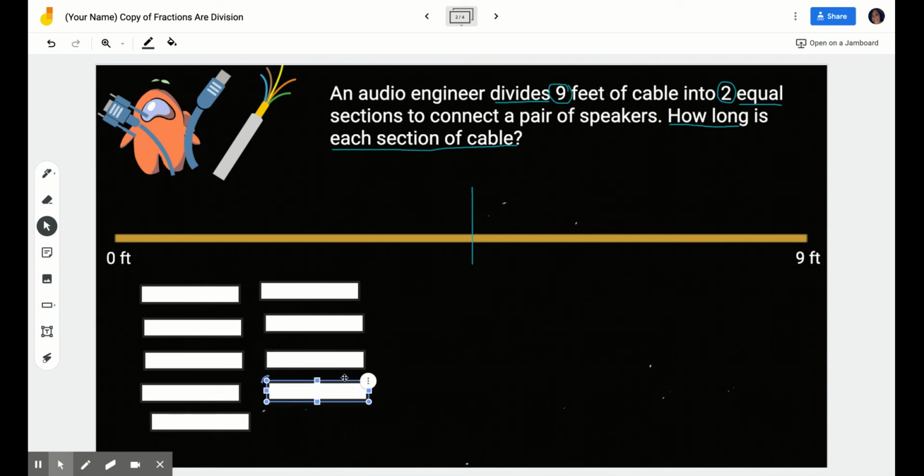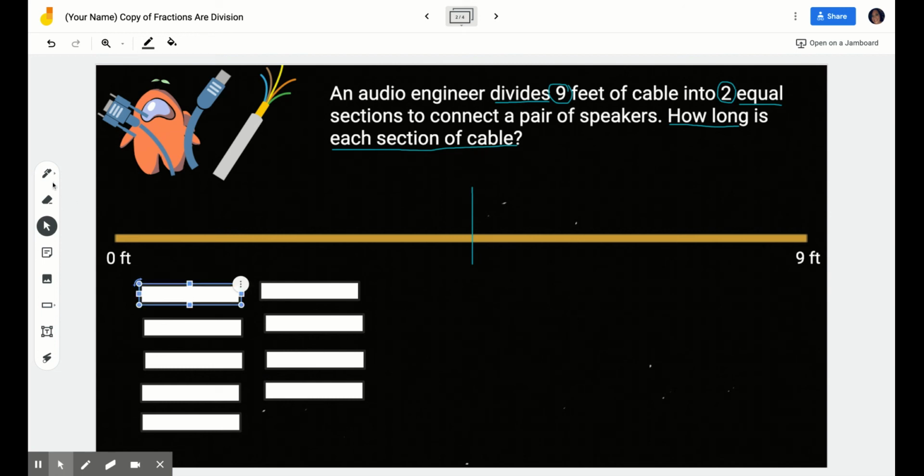So to determine what our quotient is going to be here to determine the entire 9 feet, I'm going to decide that by using a model that shows each foot.